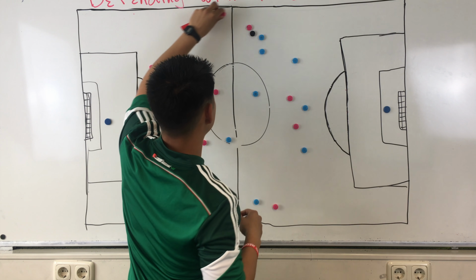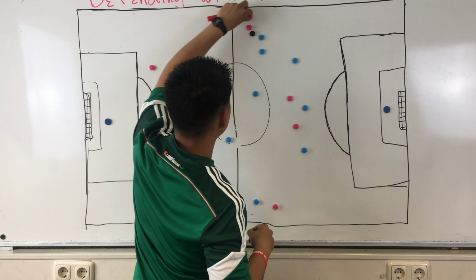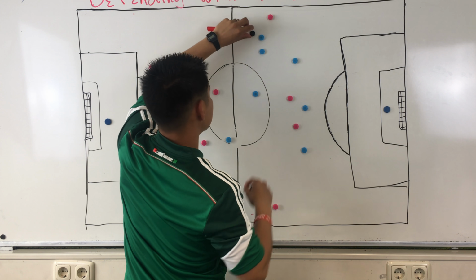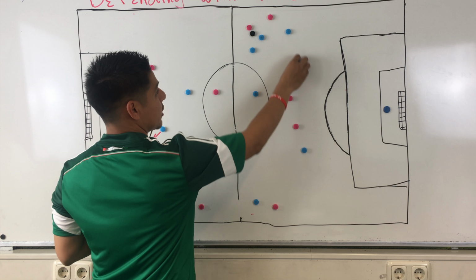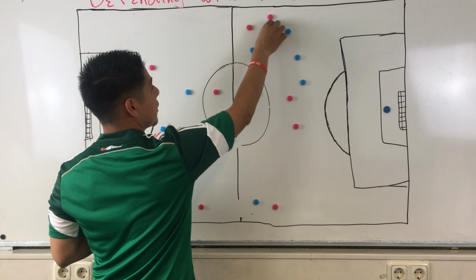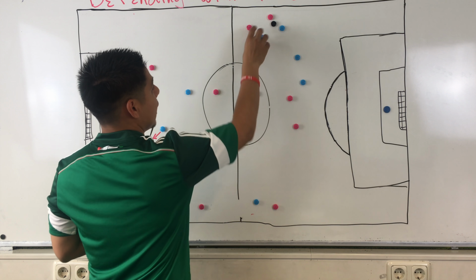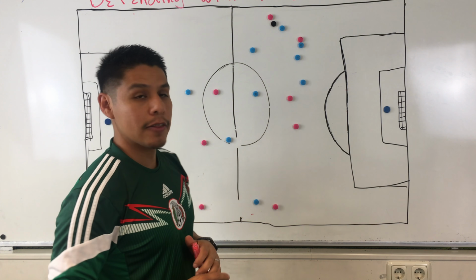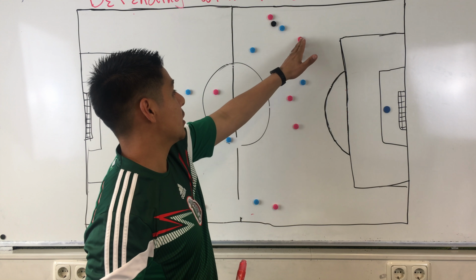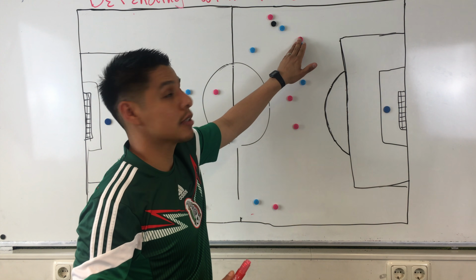But of course, that would be planned. And if this run happens and we're coming from the inside, then it would be the responsibility of the right center back to take care of this player, and then the right wing back would take care of the run if it were to happen.